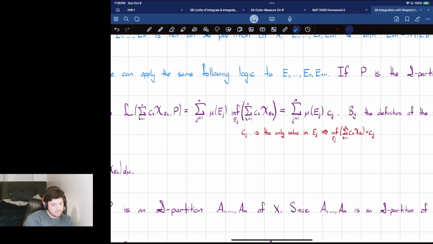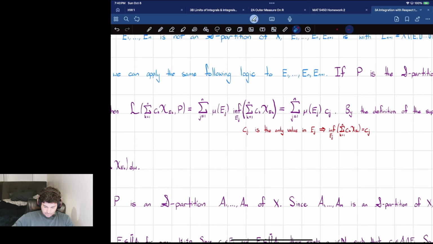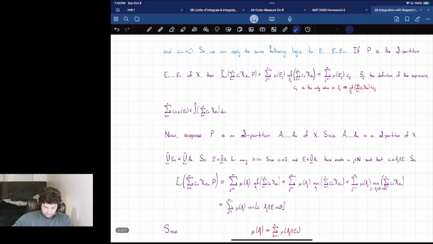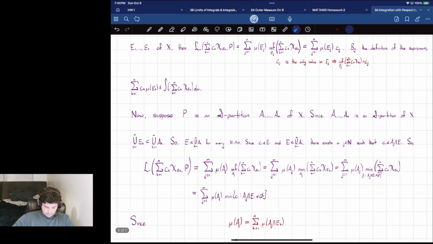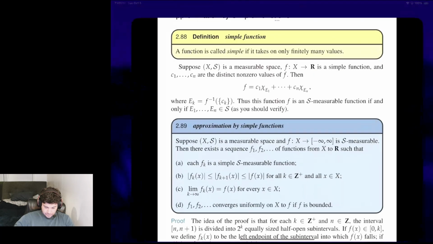Let's see. Okay. Each piece in this partition. Okay.